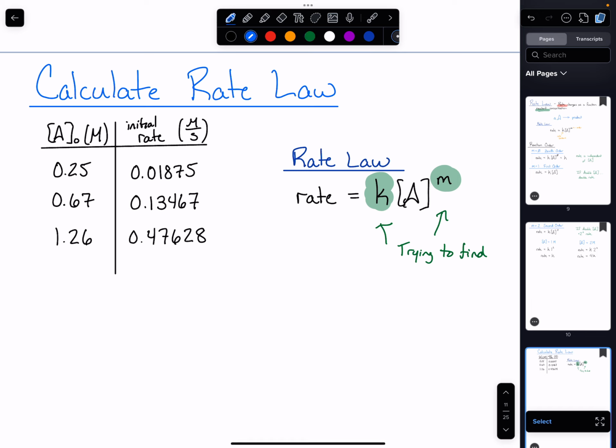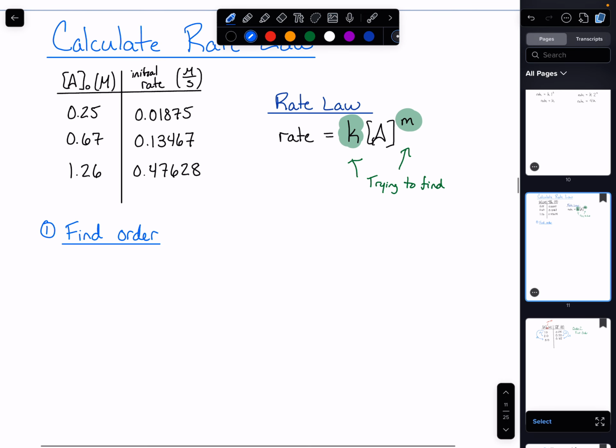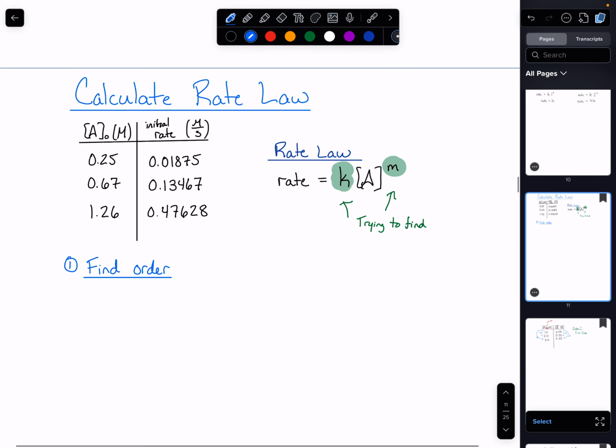Step 1, we got to find what that order is. So out of these 2 missing variables, we're going to prioritize that value of M, the order of this reaction. That's always going to be step 1 here. Okay? But again, I have too many missing variables, so how am I supposed to find the order of this reaction? We're going to do this trick.